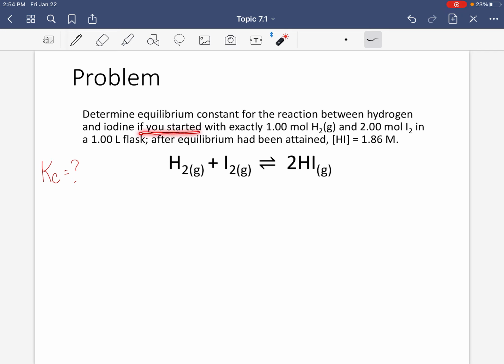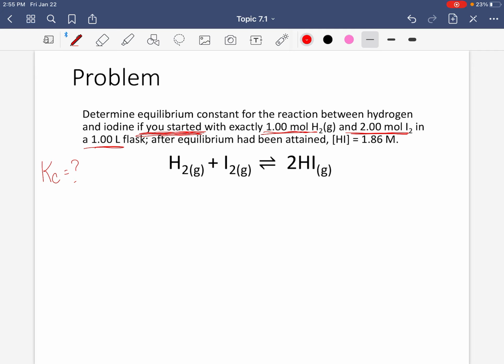You just started. So that means these numbers that I'm giving you right here with the volume, which you can get molarity from, are not at equilibrium yet. You just started.